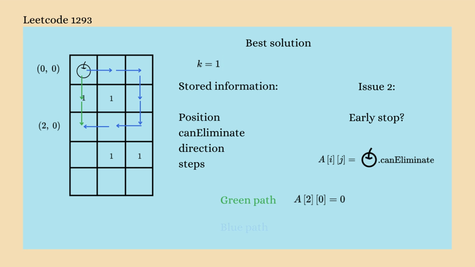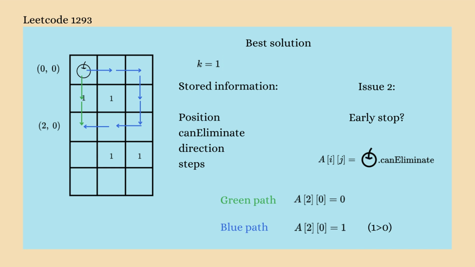On the other hand, the blue path will be considered at later time, but its can-eliminate variable does not decrease since it does not pass through any obstacle. That means, along the blue path, the can-eliminate variable equals 1 at 2, 0.